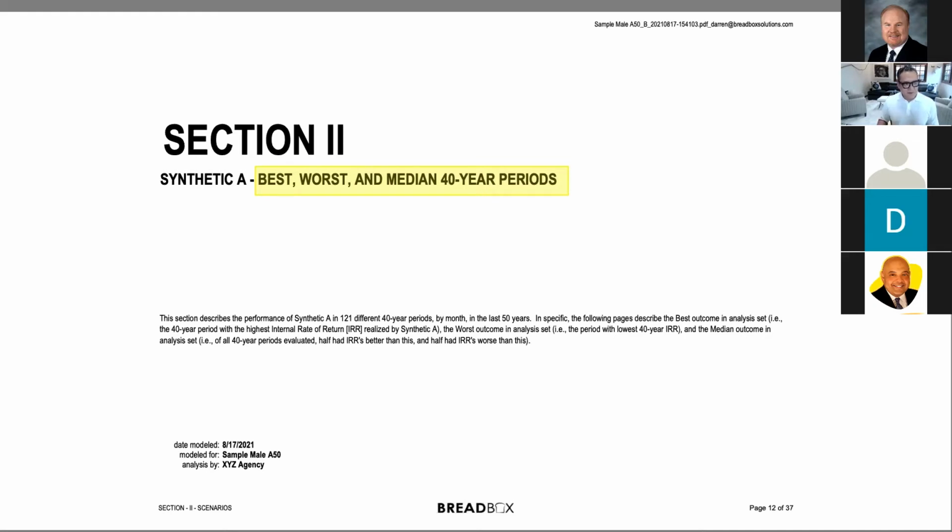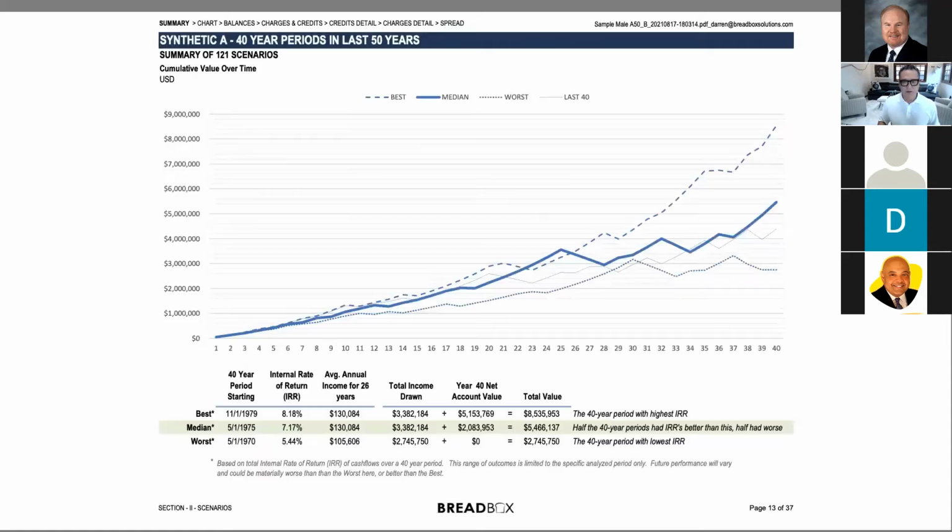The median 40-year period is the 61st best 40-year period out of the 121 different 40-year periods. And what's cool about this graph here is that it shows the account value of the best 40 years, the median 40 years, the most recent 40 years that we just looked at, and the worst 40 years. And so it shows you a range of outcomes.